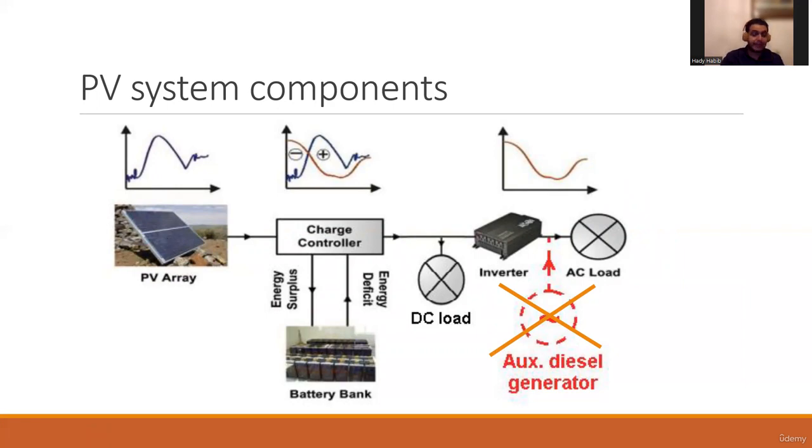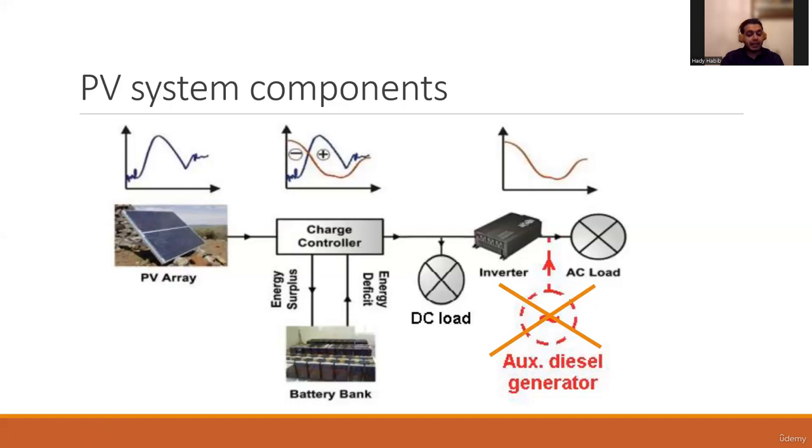There are panels connected in series and parallel to form a PV array that will produce the electricity but on a DC basis. And then we have a charge controller which usually stabilizes the voltage in order to charge a battery system.